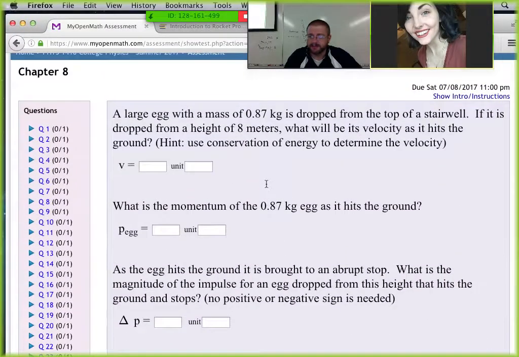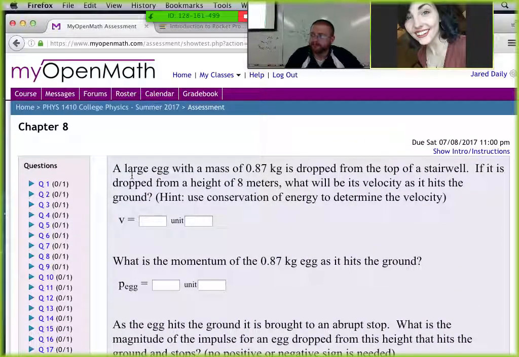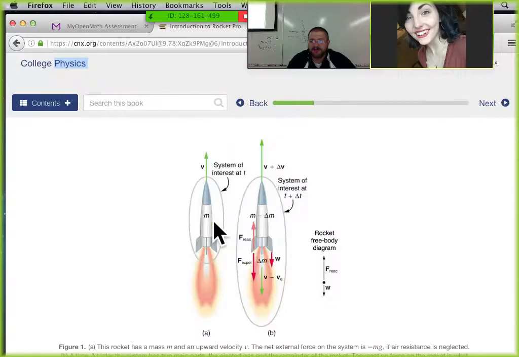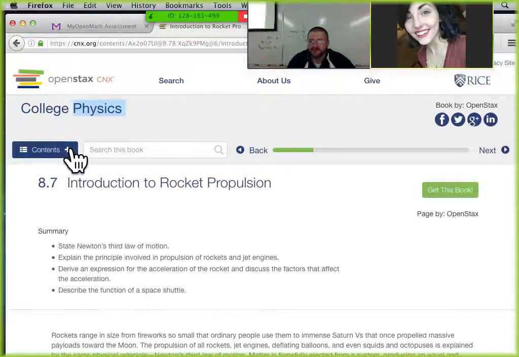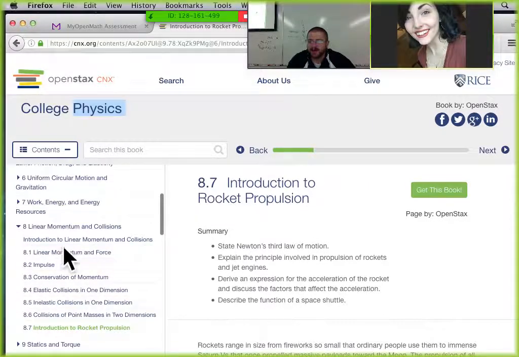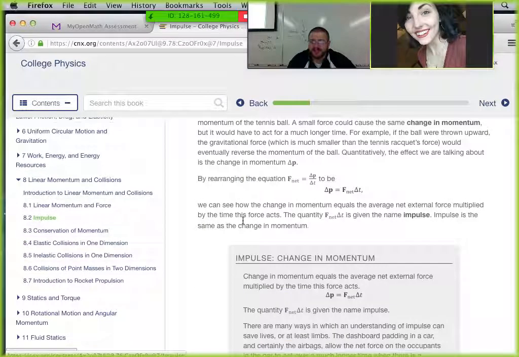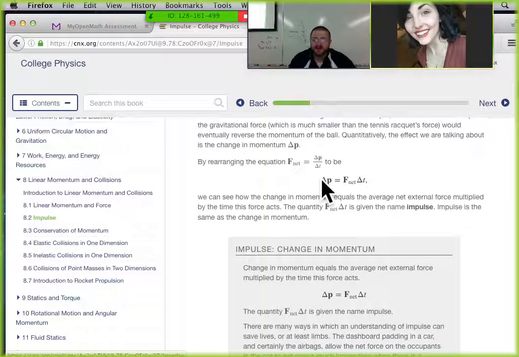Mr. Daly. Yeah. Some of these first ones, like number 2, it's asking how much force you can do. I wasn't quite sure how to go about solving that. Remember, if we go back to the beginning of this chapter, in section 8.2, we have this equation that we solved to get the change in momentum equal to the force times the change in time.